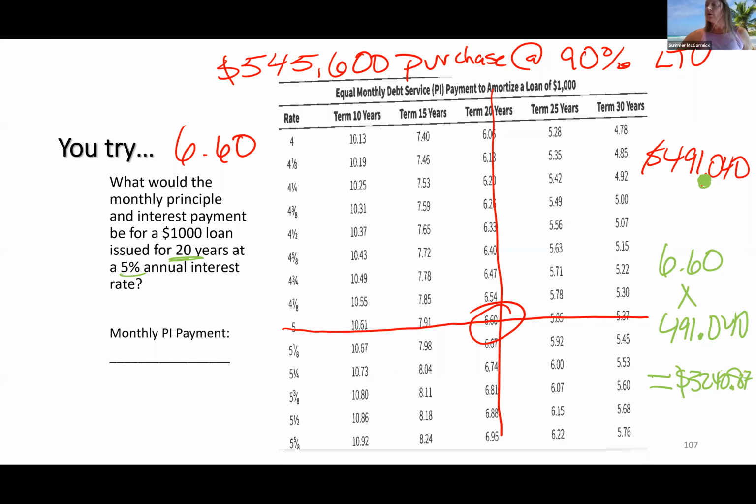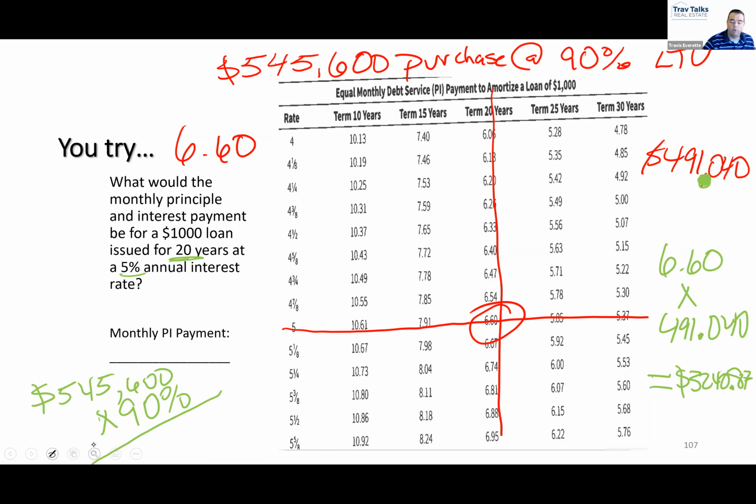So we need to figure out how we're going to calculate how much is borrowed. The way we calculate it is we take the purchase price, which in this case is 545,600, and multiply times the loan to value ratio, which is the percentage that we're borrowing.